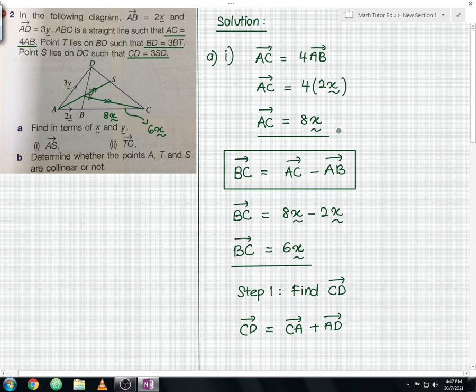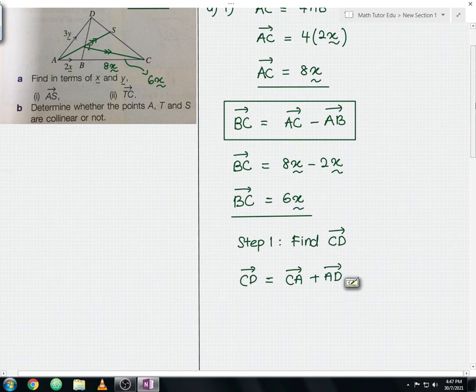In the question we have already found that vector AC is 8x, but we are required to find vector CA, which is the opposite direction. So in this case vector CA will be negative 8x, because it is the opposite direction of vector AC. I hope you are clear about this.